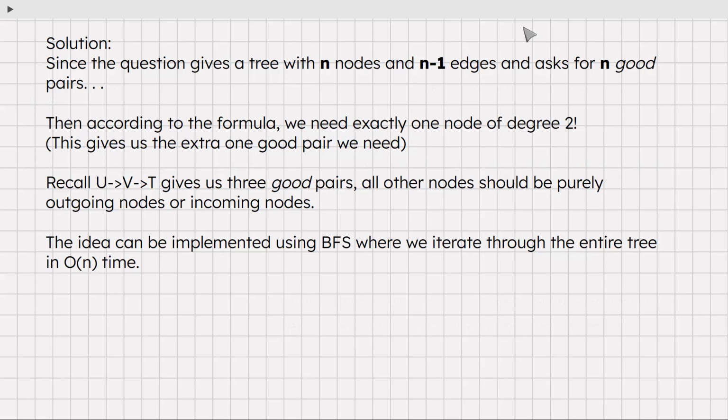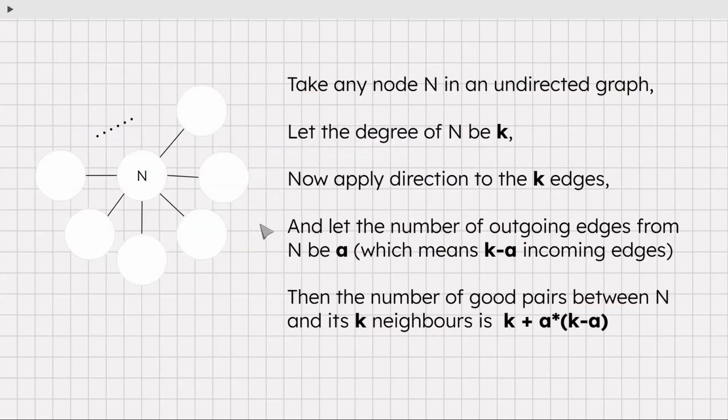Now we just have to ensure that no other three-node pairs, the node triplets, let's call them triplets, can be formed in all these other nodes and their neighbors. So the way we process this is we forcefully make a equal to 0, which means that we have no extra good pairs between any node n and its neighbors, because when a equals 0, we have no extra good pairs.